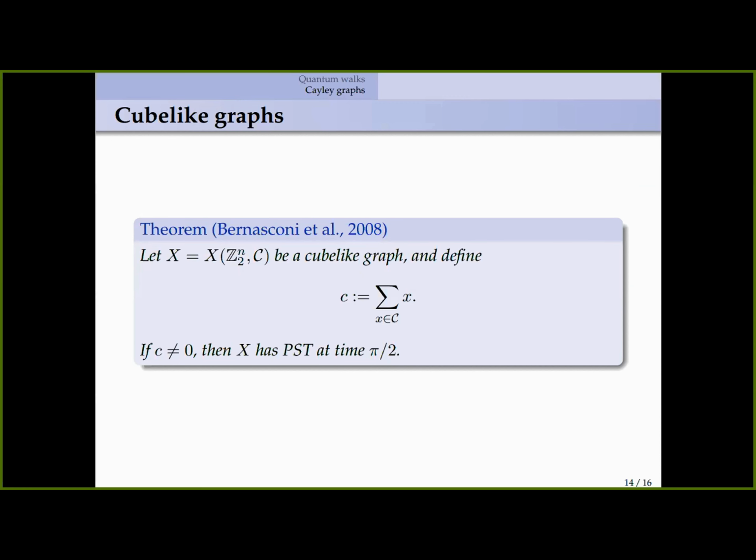We add all the elements of the connection set, and we get some element C. If C is not the identity of the group, which we call 0 here, then this graph X has perfect state transfer at time pi on 2. This is quite a significant theorem because, as I mentioned before, perfect state transfer is quite rare, but it shows that a lot of cube-like graphs have perfect state transfer.